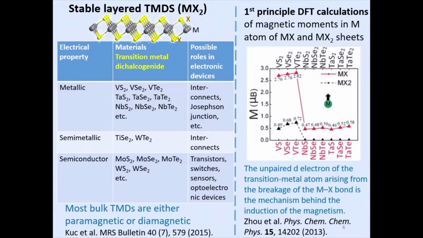So I'm going to show you some experimental work. This one on the left is a vanadium disulfide monolayer on graphite, measured by vibrating sample magnetometer. They also did VSe2 on molybdenum disulfide, but I'm not going to show you that data. And this was just published earlier this year.